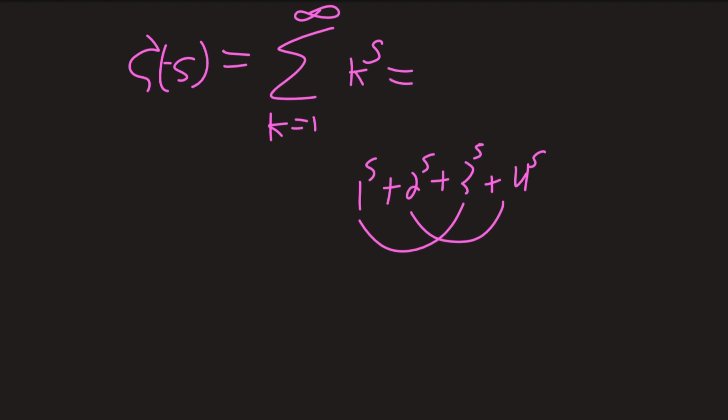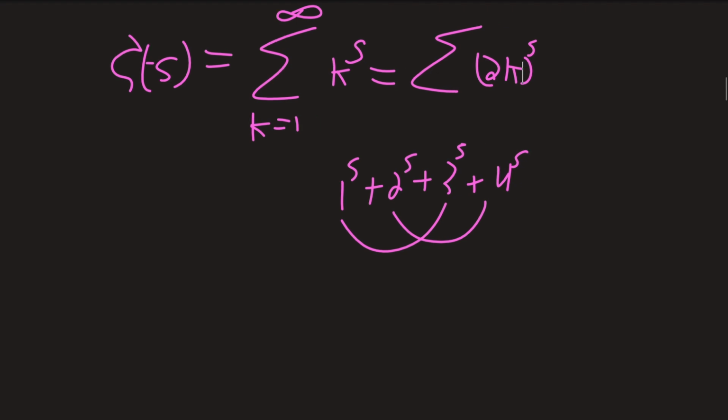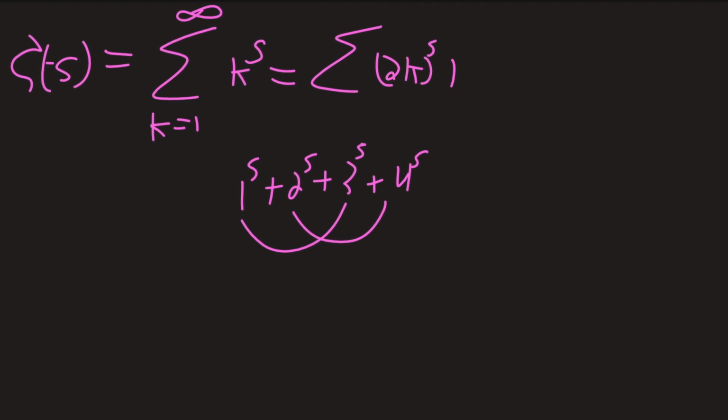We can say that this is the same thing as the sum over all even numbers, so that'd be 2k to the s, plus the sum over all odd numbers, which is just 2k minus 1 to the s.